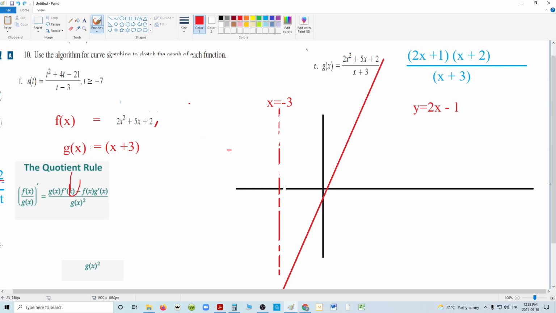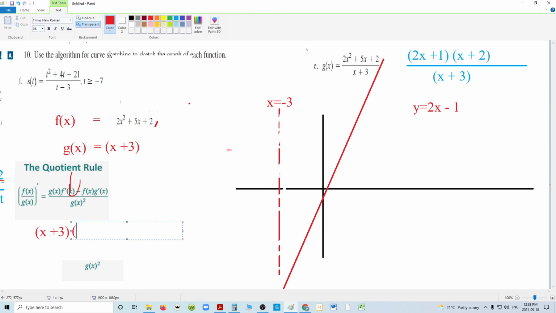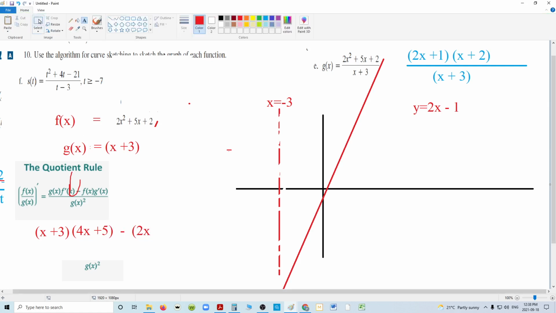So that means I have to multiply my g of x on the numerator, I could have just switched their orders, times the derivative of my numerator, which is 4x plus 5. And then I have to subtract, and in brackets, take my numerator, which is 2x squared plus 5x plus 1, times the derivative of my denominator, which is 1. And I have to put it all over my denominator squared.